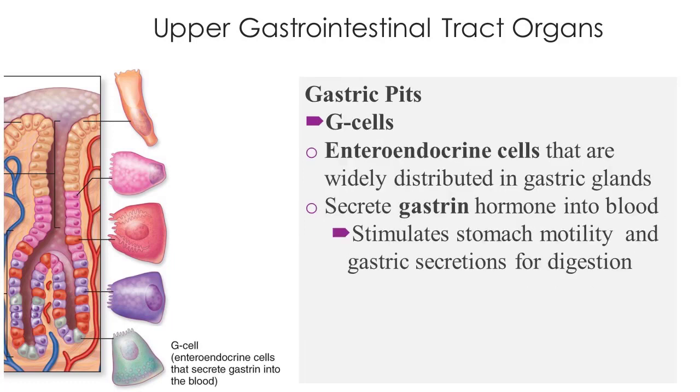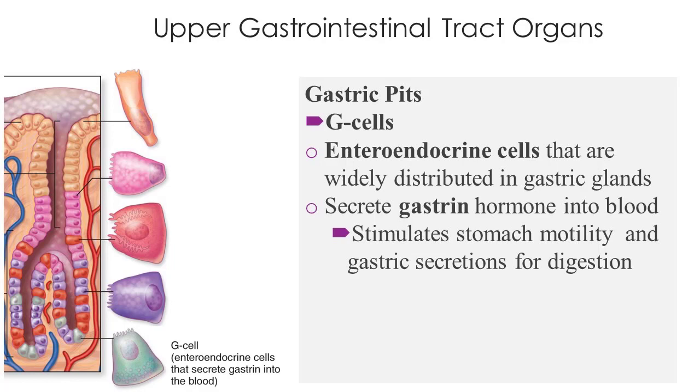Now, here is a cell type you would probably be least familiar with, although we did talk about the endocrine system. We have individual cells, and some of these cells are called G cells. I think there are a lot of cells with these letters. But these are a type of cell called an enteroendocrine cell.